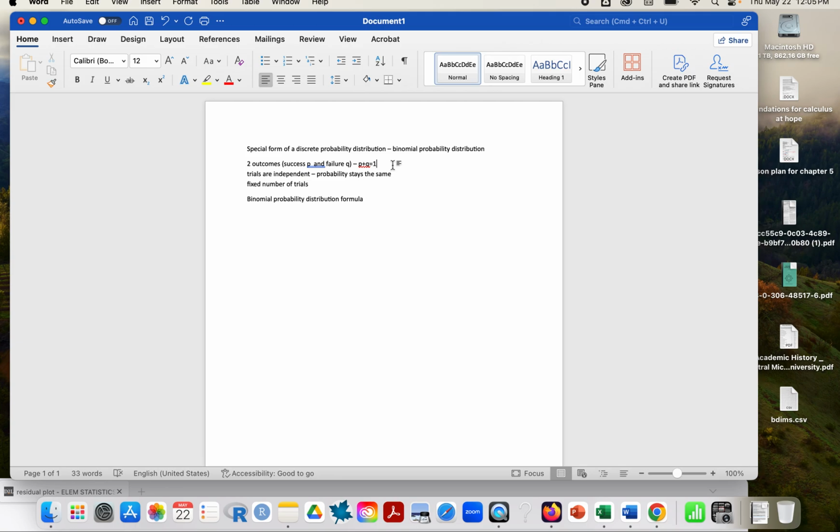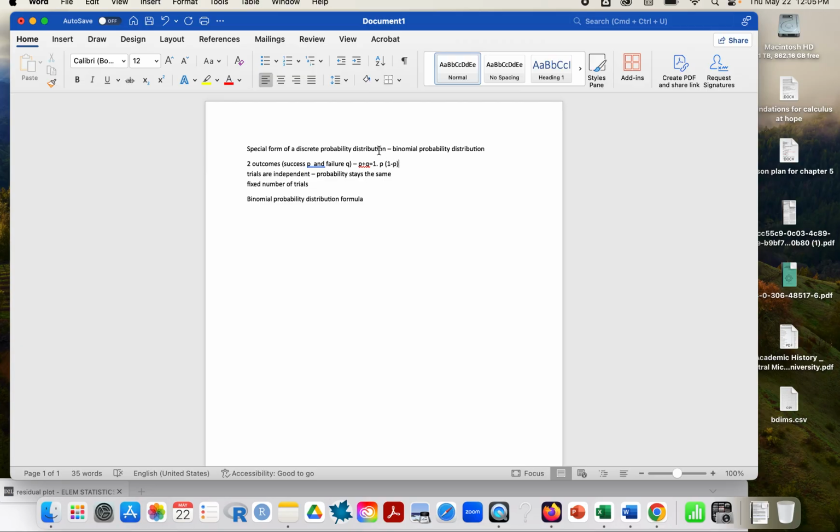A lot of times, at least currently, you're going to see authors say that P is the probability of success, and 1 minus P is the probability of failure.